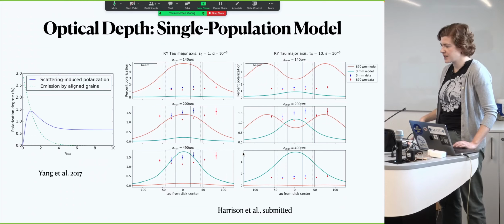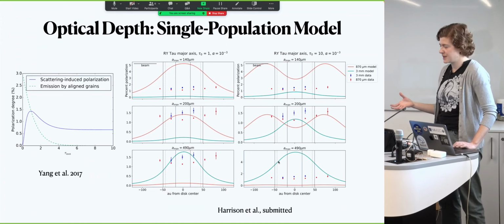For example, if you had a power law distribution of dust grains with a maximum dust grain radius of 490 microns, you would produce an observable degree of polarization at 3 millimeters, but very little polarization at 870 microns, which is not consistent with what we see in the data.